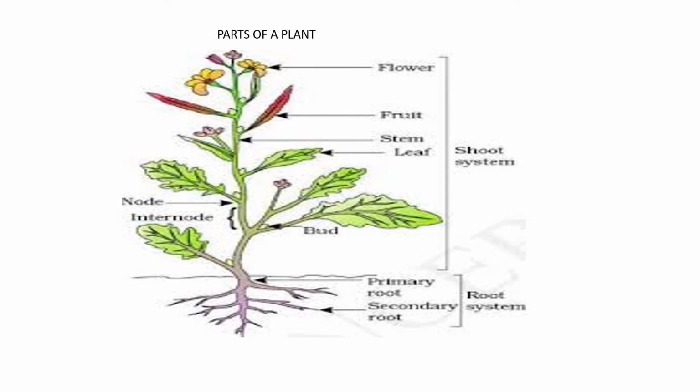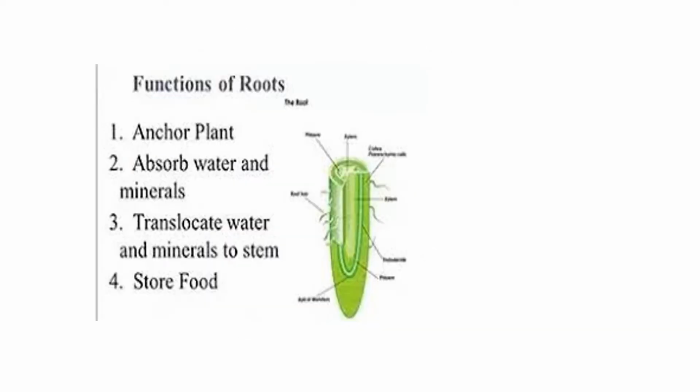Let us try to understand what they do for a plant. First of all, if we talk about roots, which is a root system which exists below the ground, it has various important functions to do. It anchors the plant and it absorbs water and minerals. When we add water to the plant, root is the part which absorbs it for the entire plant body.